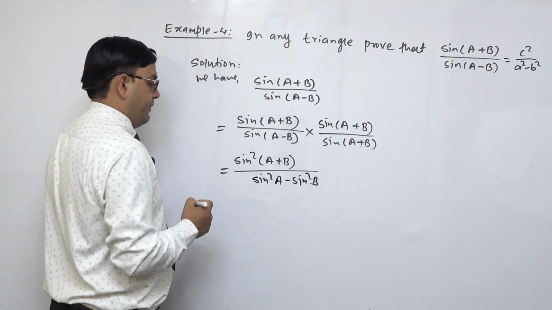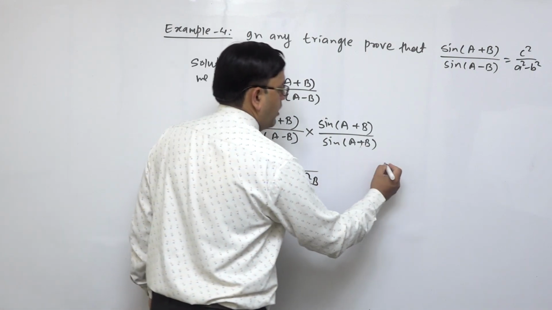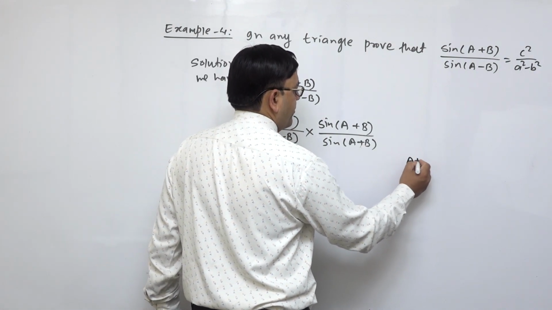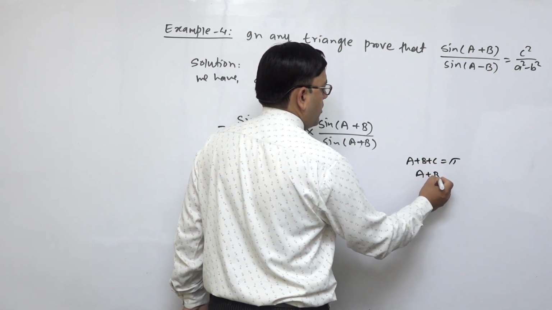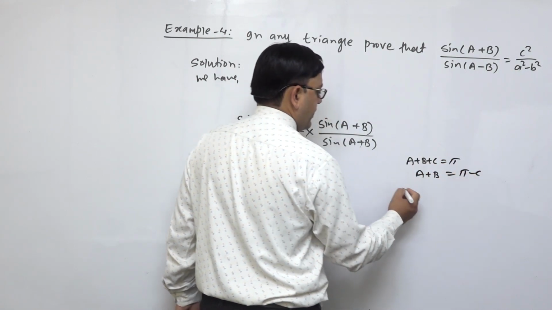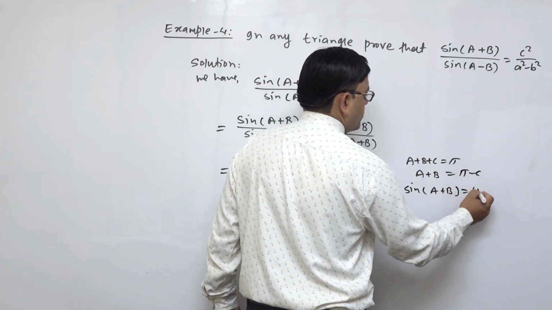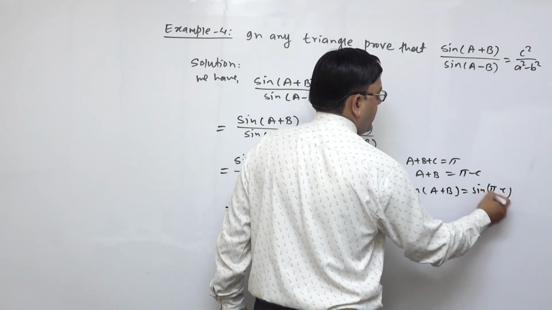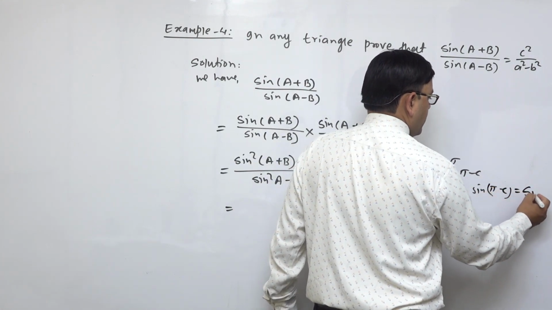We know A + B + C is equal to pi, then A + B is equal to pi - C, then sin(A + B) is equal to sin(pi - C), and this one is sin C.